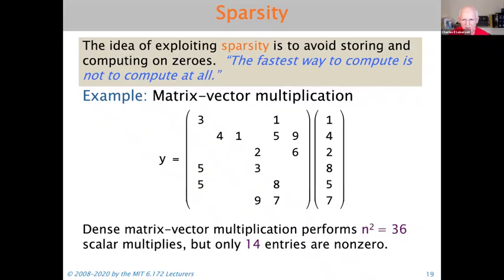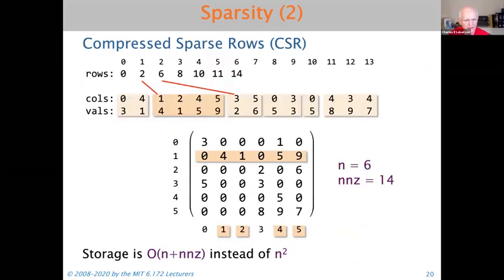We only store the things we want. Here's one of the most common ways of representing a sparse matrix efficiently. It's called compressed sparse rows, or CSR, and it is used for many sparse matrix codes. The idea is there are three arrays. We're going to start at the bottom with the vals array.